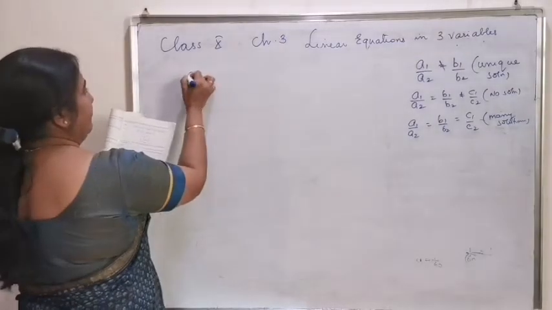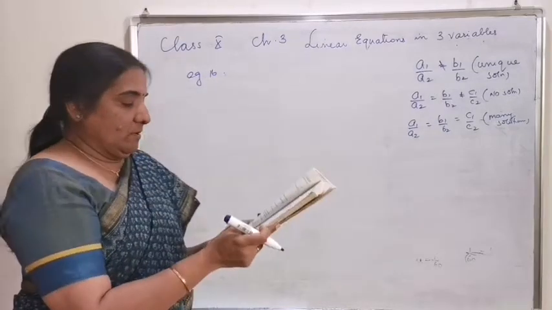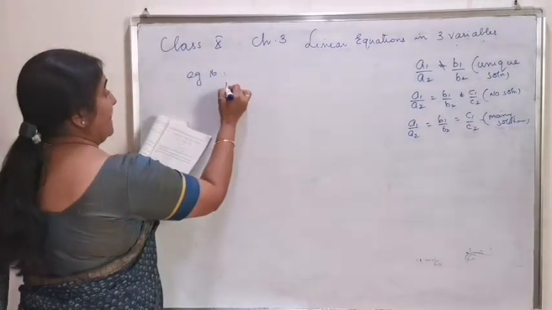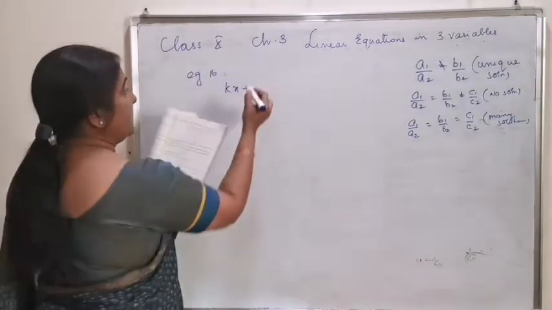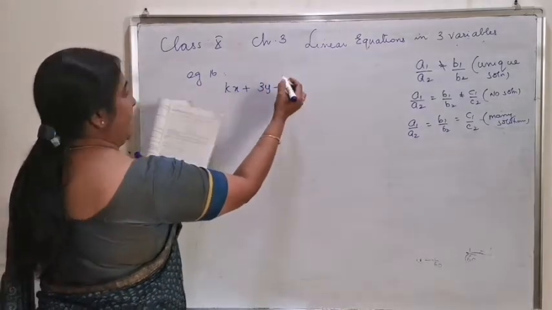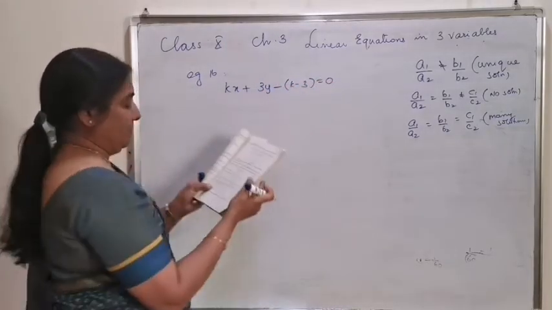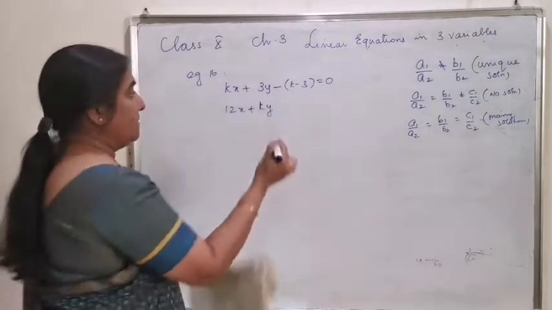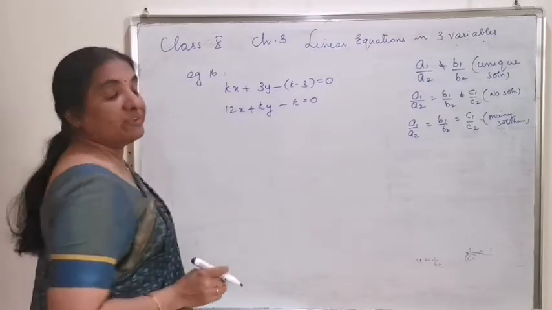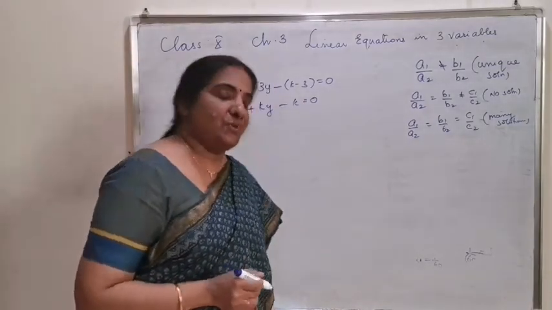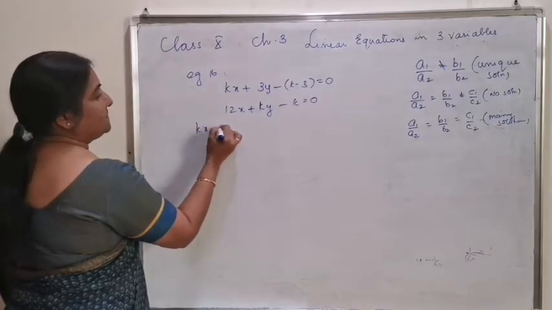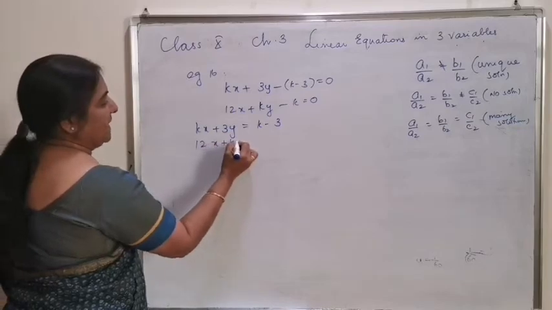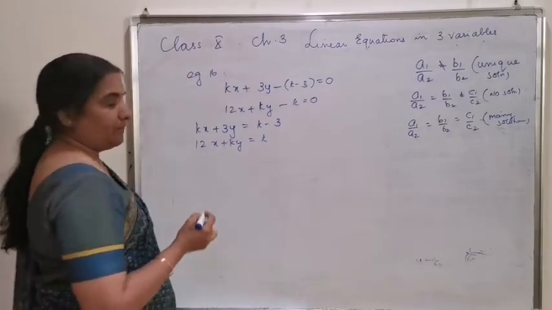Example 16. For what values of k will the pair of linear equations kx plus 3y minus k minus 3 equal to 0, 12x plus ky minus k equal to 0 have infinitely many solutions? kx plus 3y equal to k minus 3, 12x plus ky is equal to k.